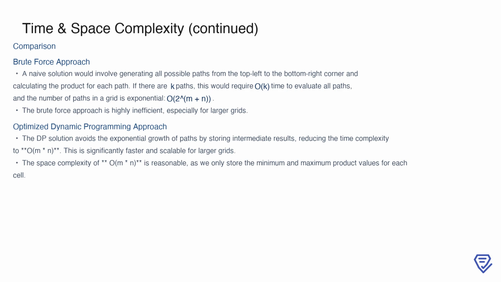In contrast, the optimized dynamic programming approach avoids this exponential growth by storing intermediate results in the min_dp and max_dp arrays. This reduces the time complexity to O(m*n), which is much more efficient and scalable. The space complexity of O(m*n) is also reasonable since we only store the minimum and maximum product values for each cell, rather than tracking every possible path.